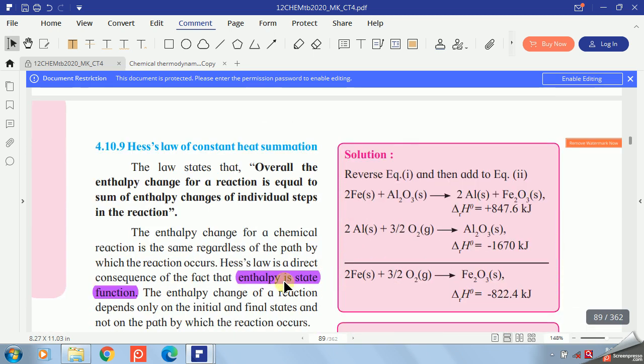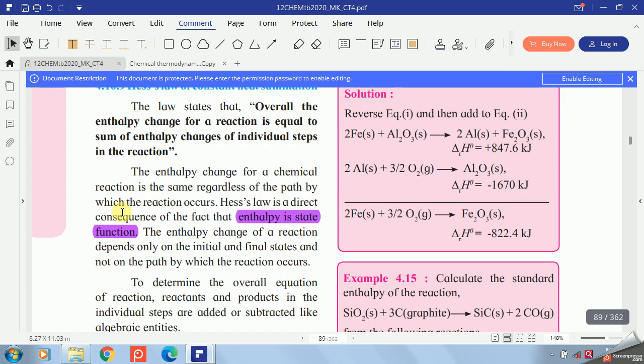Next one is the law of constant heat summation, which I mentioned earlier. This law states that the overall enthalpy change for a reaction is equal to the sum of the enthalpy changes of the individual steps. The enthalpy change accompanying a chemical reaction is independent of the path followed by the system, but depends on the initial and final state.